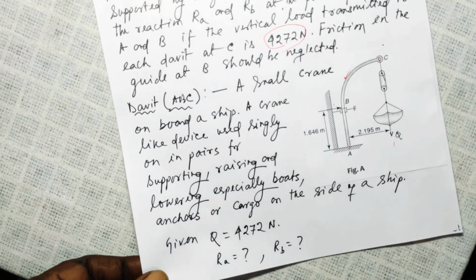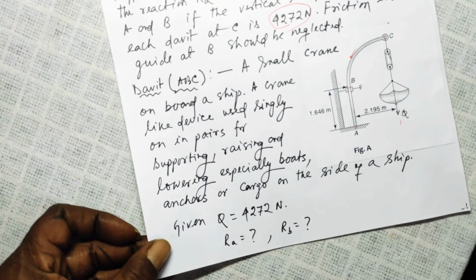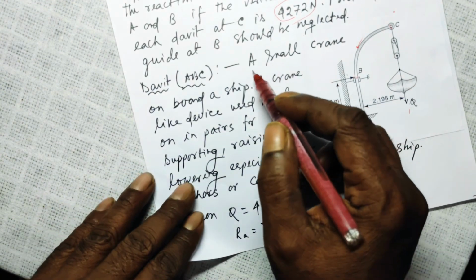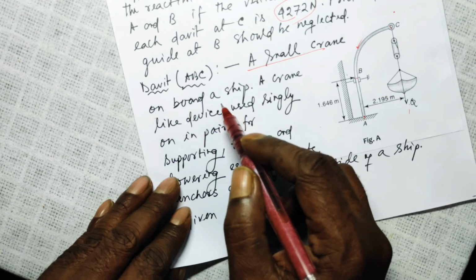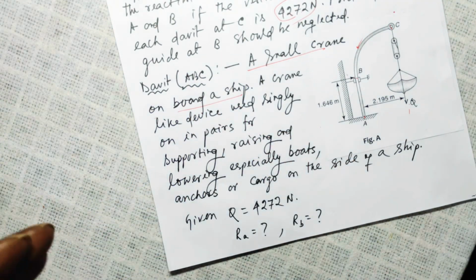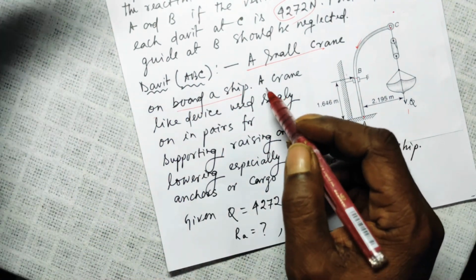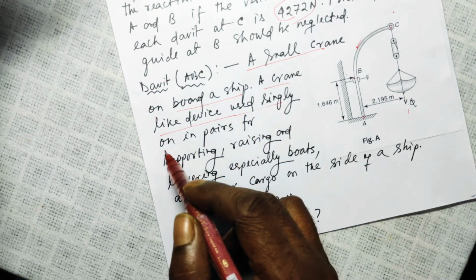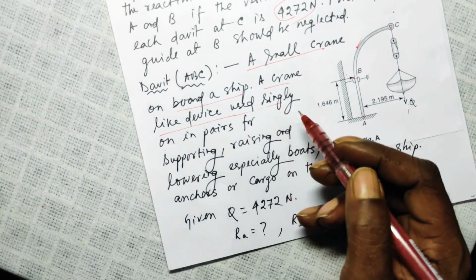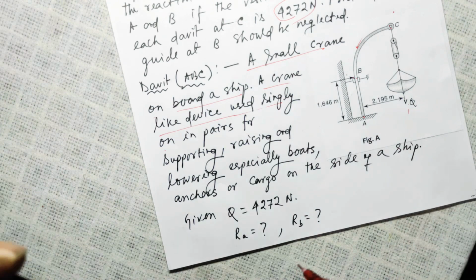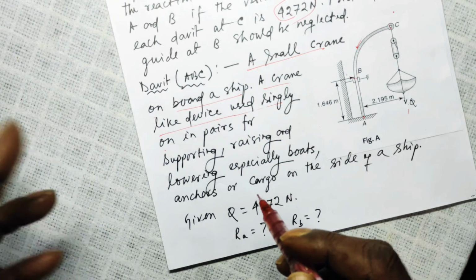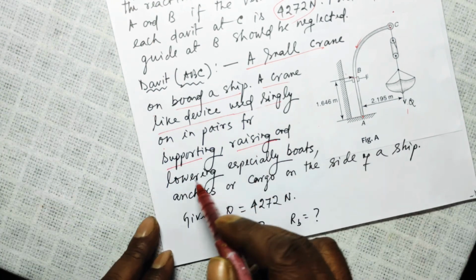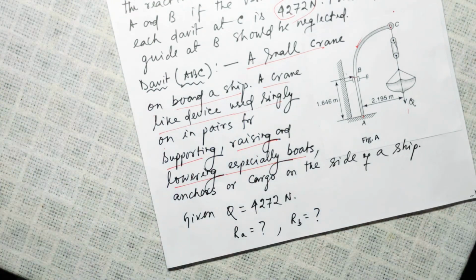Now, what is a davit? It is a small crane-like structure on the board of a ship. And why is it used? It is a crane-like device. You can use it singly, or you can use two davits as pairs, for supporting, raising and lowering especially boats or anchors of a ship or cargo on the side of a ship.